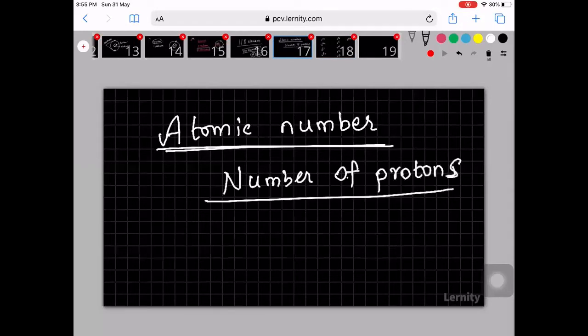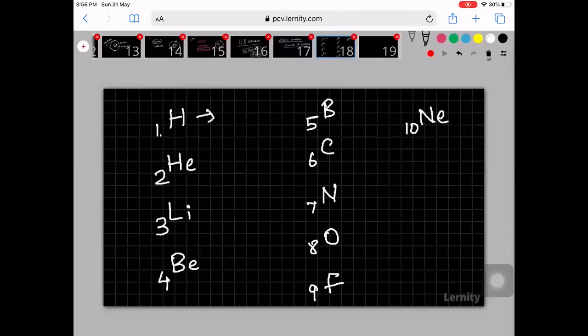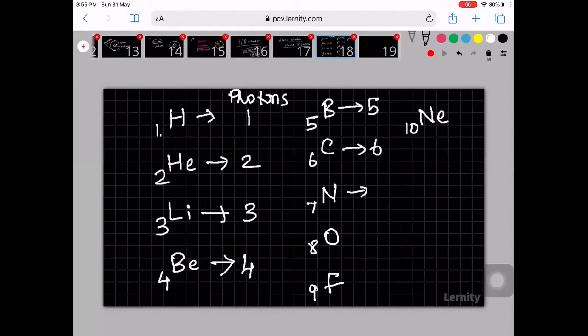Now, if the atomic number is 1, how many protons? Hydrogen has 1 proton, helium has 2 protons, lithium 3, beryllium 4, boron 5, carbon 6, nitrogen 7, oxygen 8, fluorine 9, neon 10.